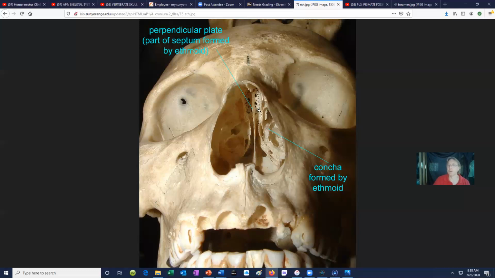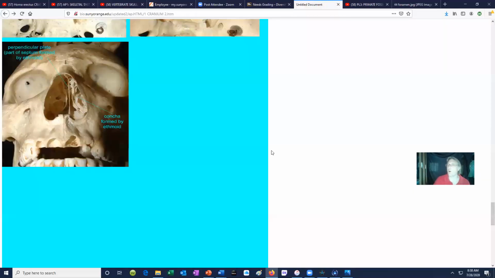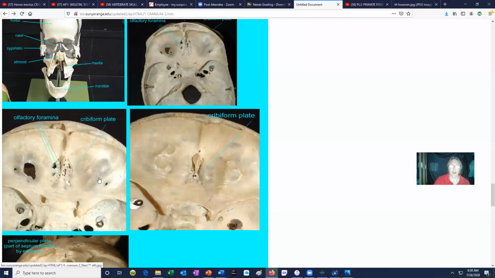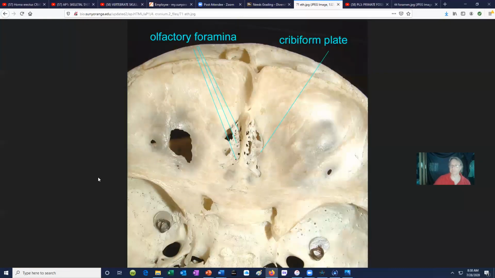Also notice that there are little tiny holes here. It is here that the olfactory nerves travel from the olfactory bulb and then go into the nasal cavity. So if you were to look at the internal base of the skull, here's a really good place to see the ethmoid bone. This is the frontal bone, but there is a little part of the ethmoid bone, which is here.